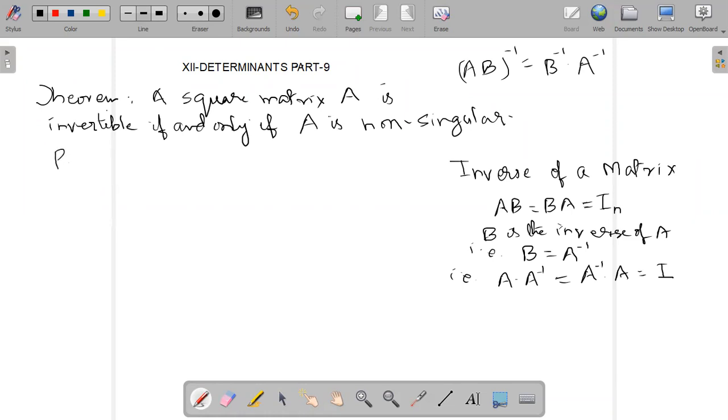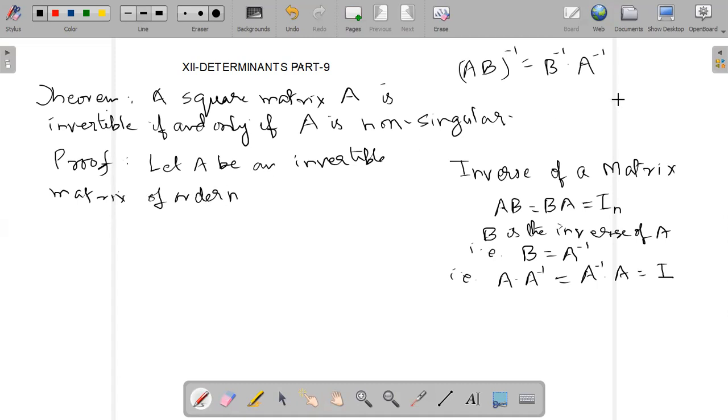This theorem can be proved also, and we get one important formula from this theorem. So, let A be an invertible matrix of order n.